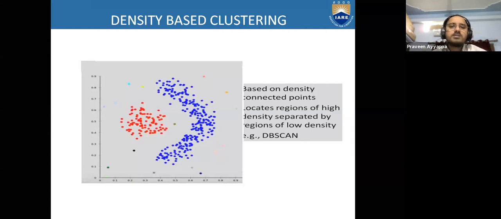It also varies where people will live depending on their requirement. So based on the density of the connected points, the clustering is going to be calculated, and the best example for that is DBSCAN, which is nothing but the database scan, and we are going to study this density-based clustering in detail in the coming class.